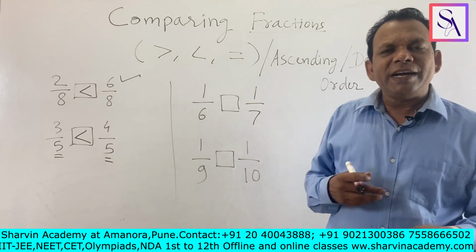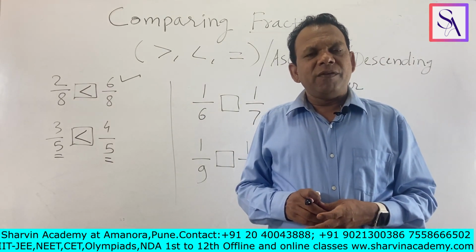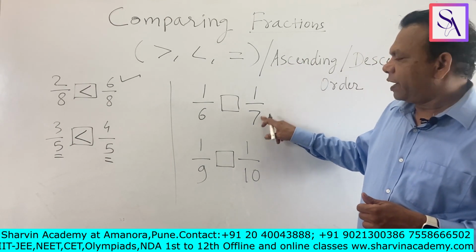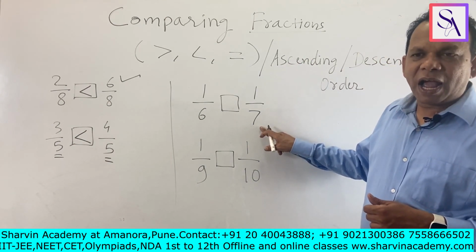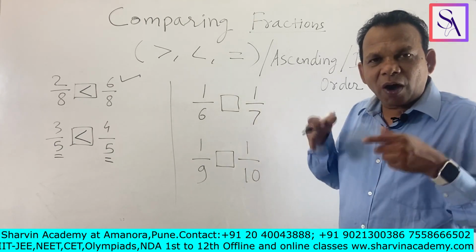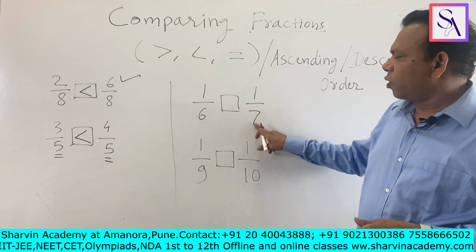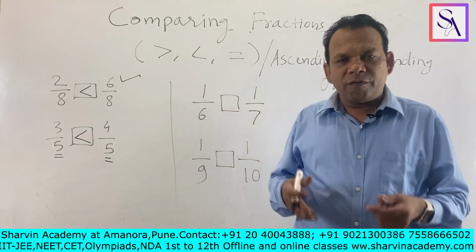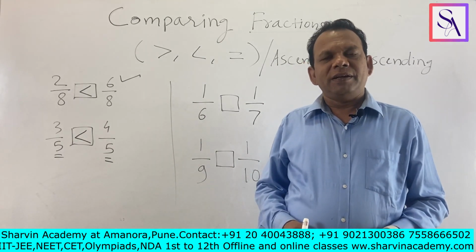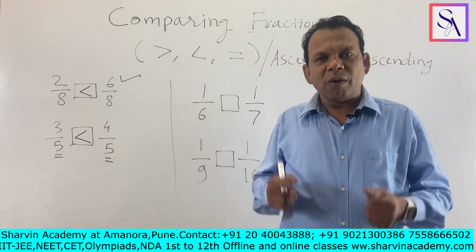You can identify like this: if weight is more, 7 is more, right, bigger, weight is more, it means that this fraction is going down. Going down means smaller because weight is more. We know that if weight is more, definitely things come down, right. If heavy weight is there, it will go down.